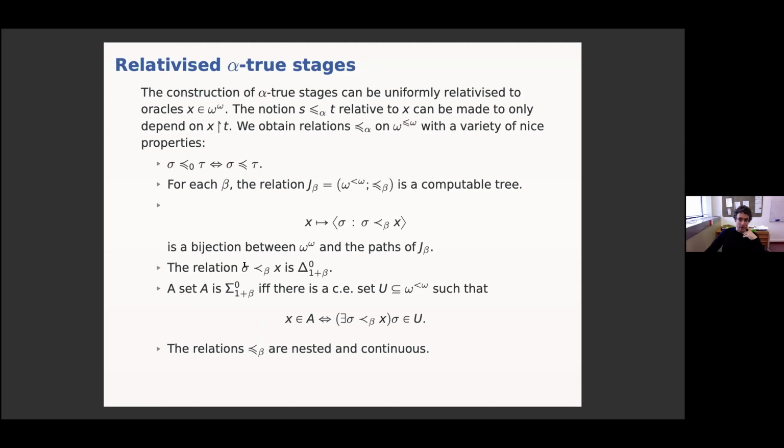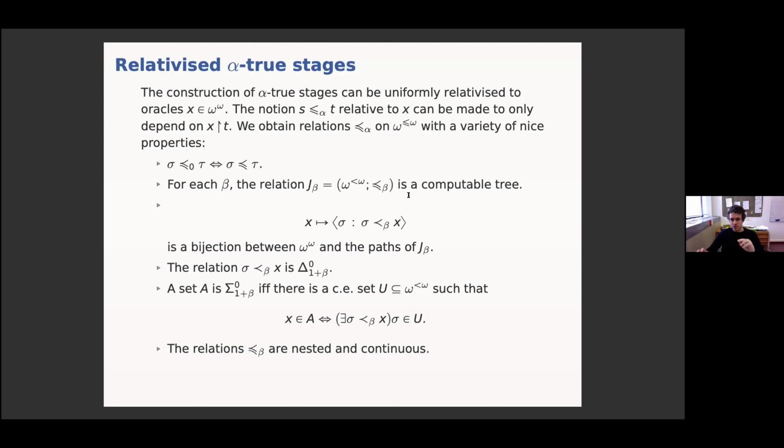And topologically, deciding whether sigma is beta true in X, in other words, for oracle X, the length of sigma is a beta true stage, this is a delta zero beta, technically 1 plus beta predicate, and this is uniform in all possible ways.